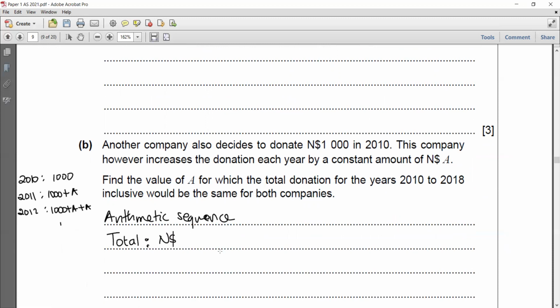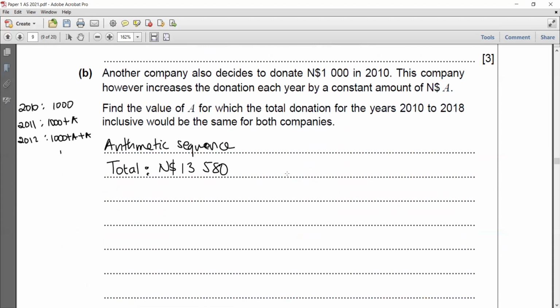So their total must also come down to 13,580. Now with an arithmetic progression, we need our first term, A1. A1, this is equal to 1,000. Then our common difference, this is A, okay, which we have to try and figure out.